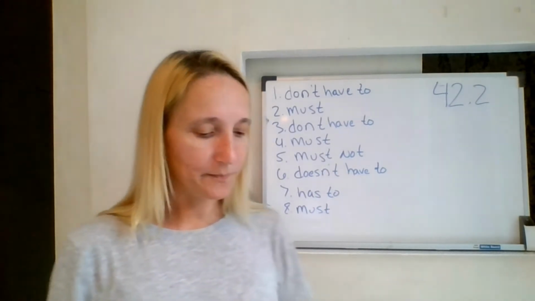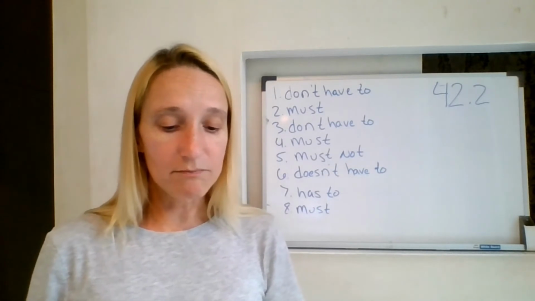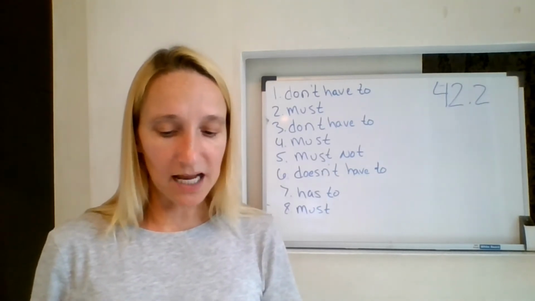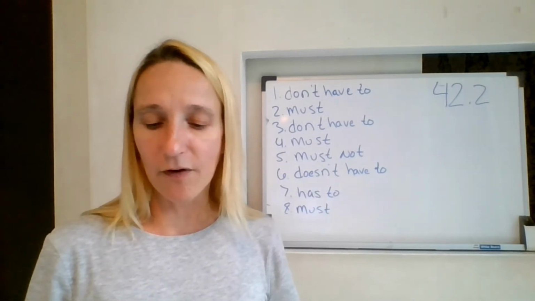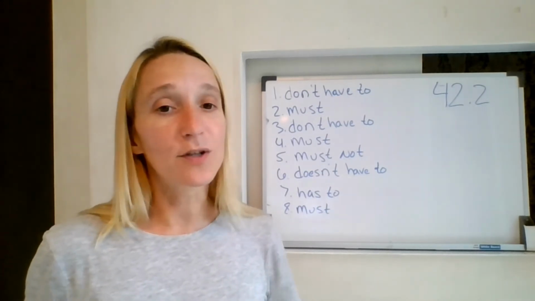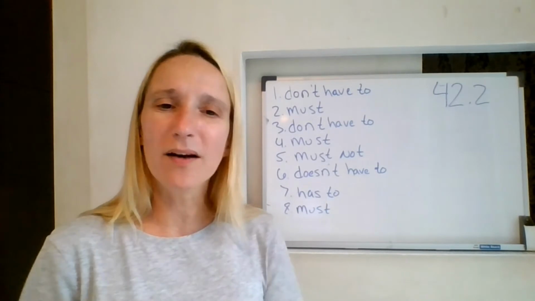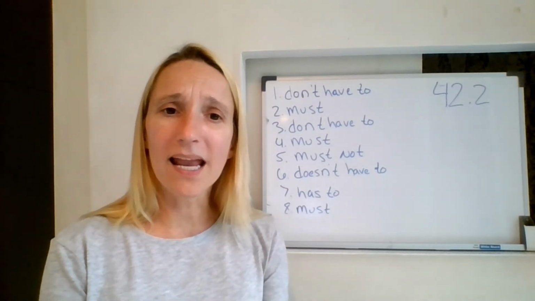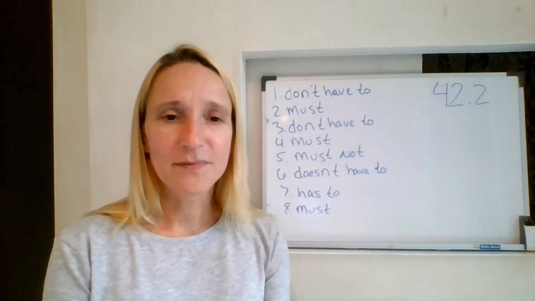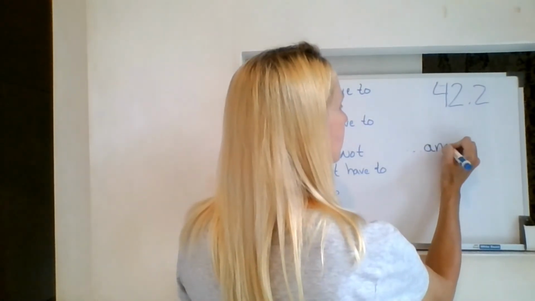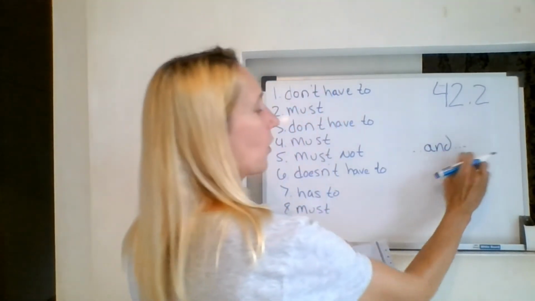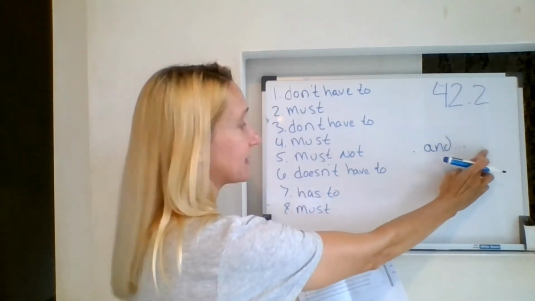Number 4, we all must not, don't have to, or must look after ourselves and take care of our health. Now, there's only one sentence. So how do you decide on what answer is correct? You wait until after the "and". What happens on this part of the sentence?